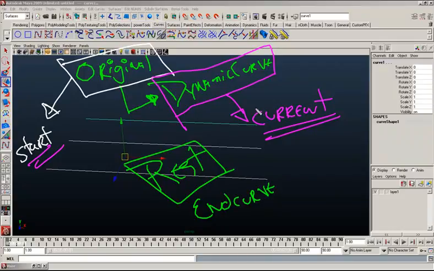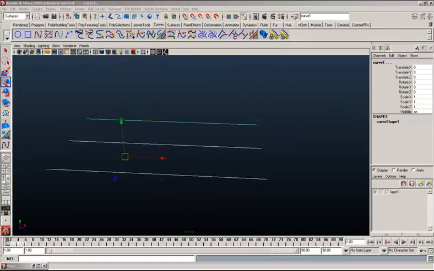What happens is that this current guy is driven by the original. So if you move the original, you're automatically moving the current. And this current has a rest shape, and that's defined by this guy. But that's pretty much the foundation.